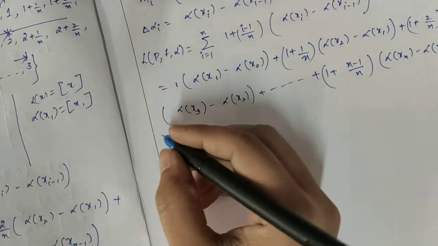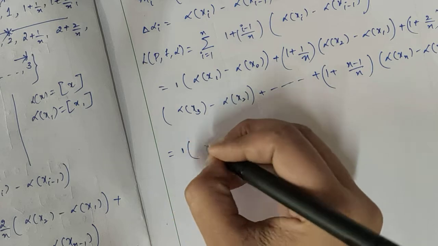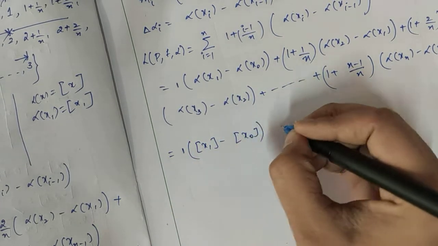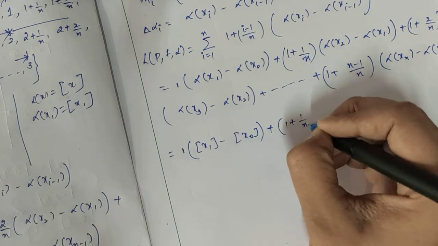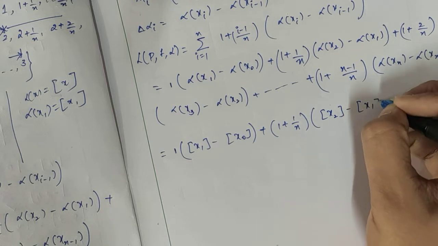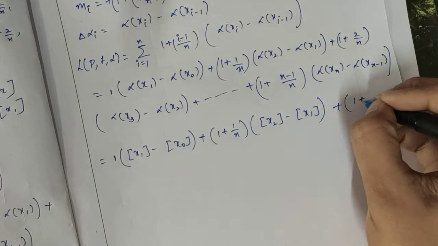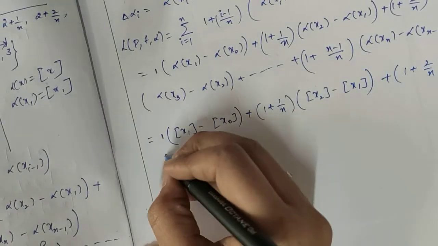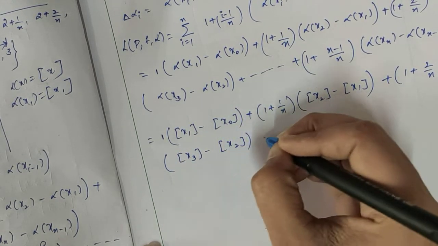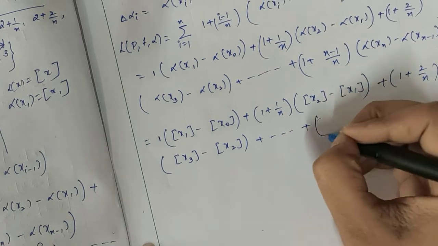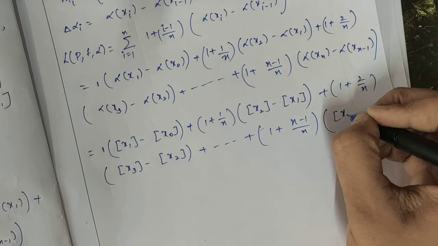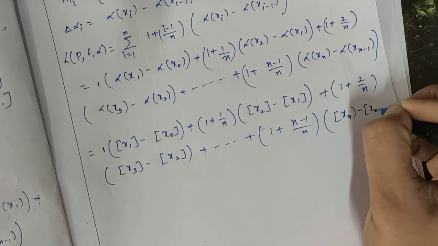Substitute the value of your alpha x. So you will be getting 1 into x1 minus x0 plus 1 plus 1 by n into x2 minus x1 plus 1 plus 2 by n into x3 minus x2 plus so on up to 1 plus n minus 1 by n into xn minus xn minus 1.